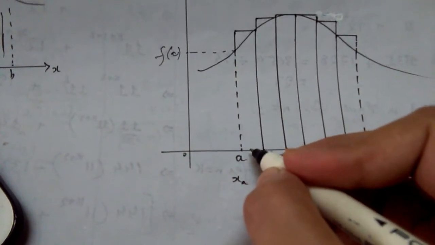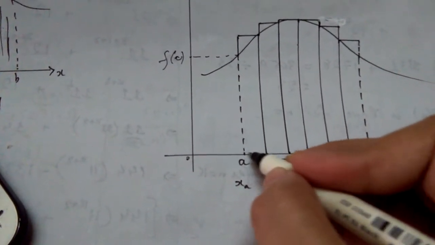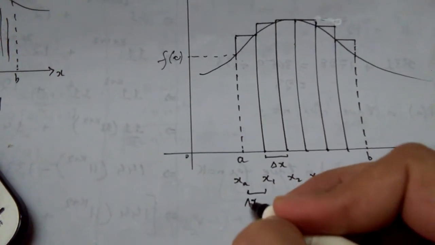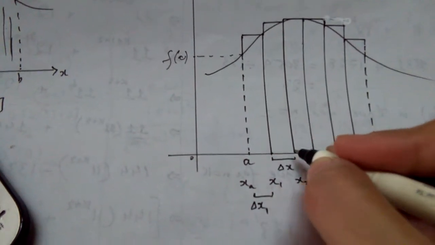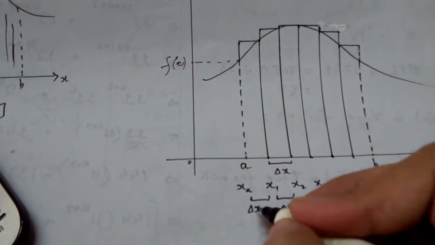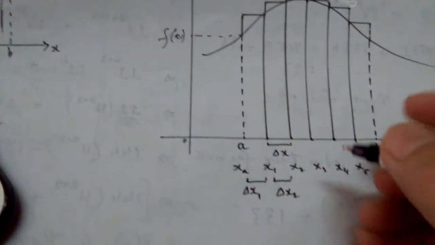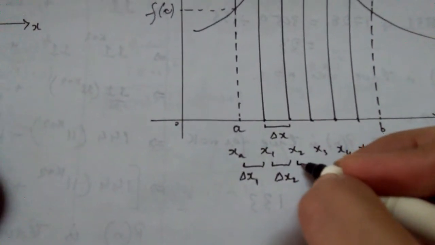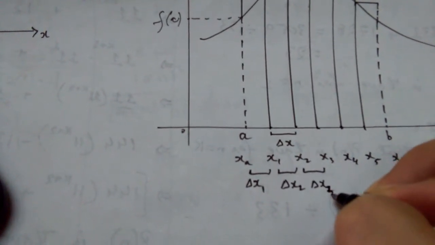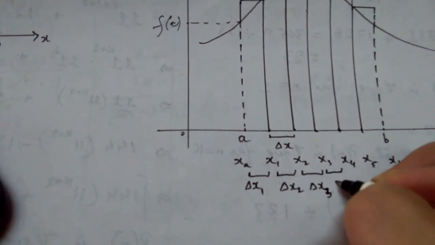The width of the first rectangle is called del x1, the width of this rectangle is named del x2, and so on. Though the values of all these widths are the same, we have made a distinction in their notations.